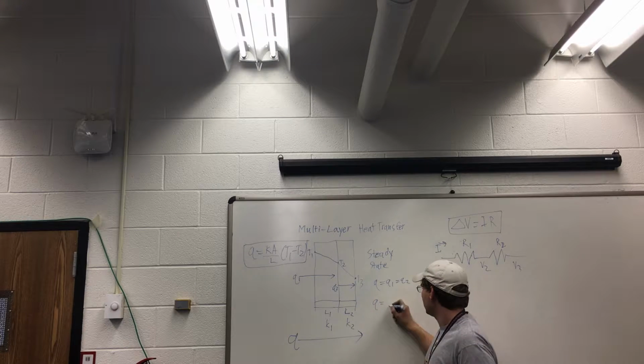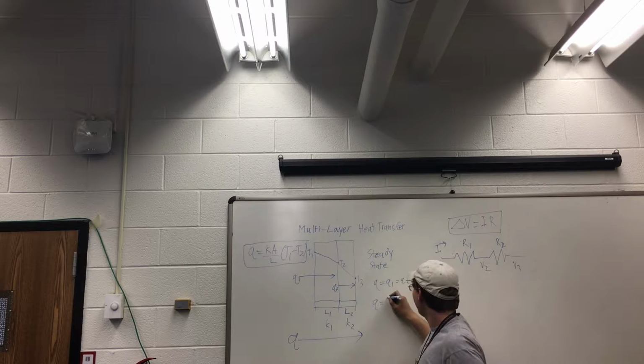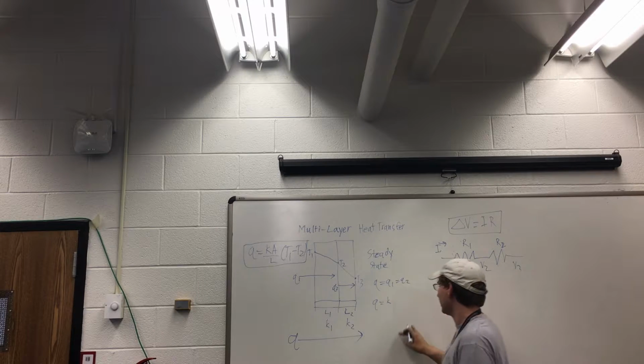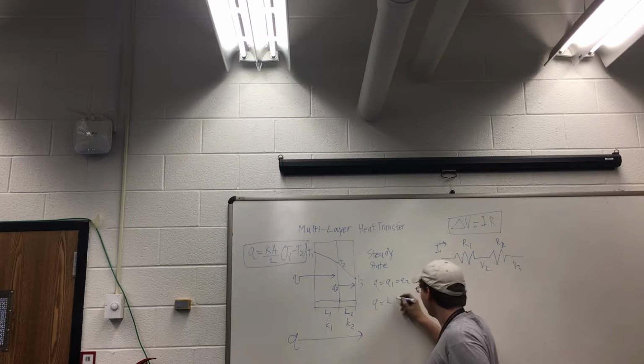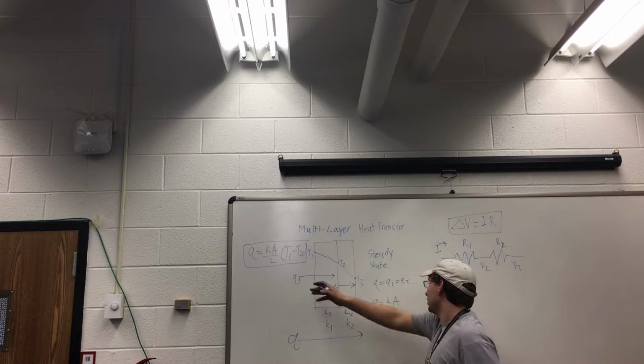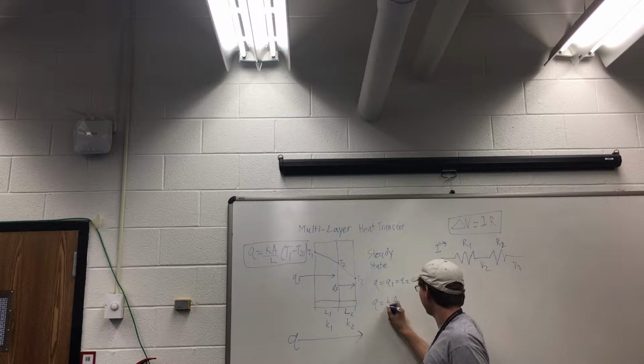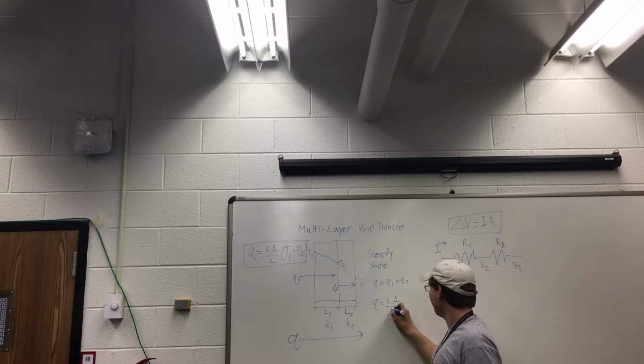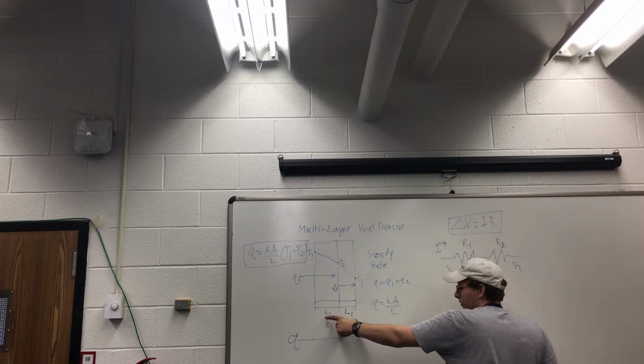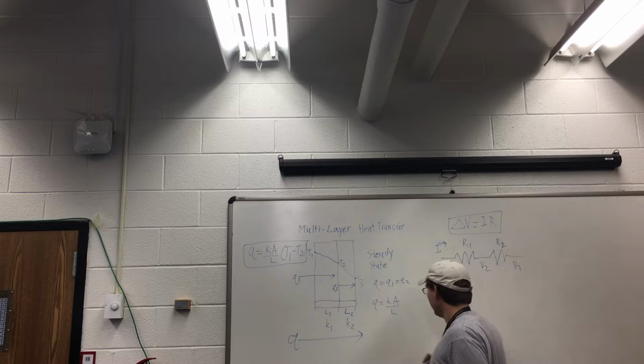So this is just K. I'm just going to write it as K, but this is a total overall K. The area, which isn't going to change throughout the cross section, so we'll be fine. Just writing A there. L, which is just L1 plus L2.